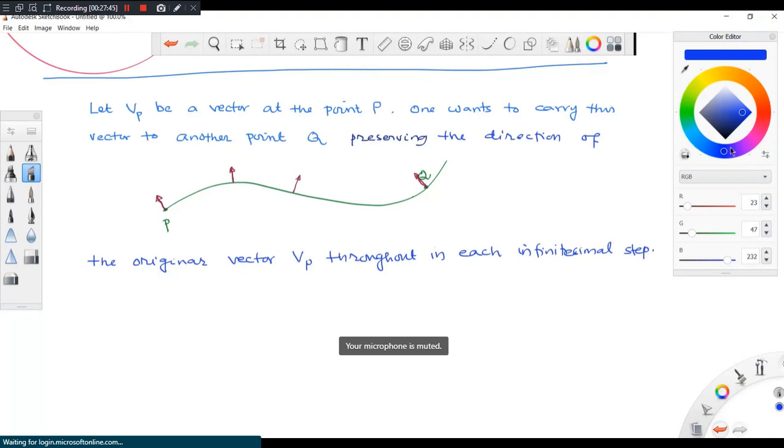Okay, this is the process of parallel transport.